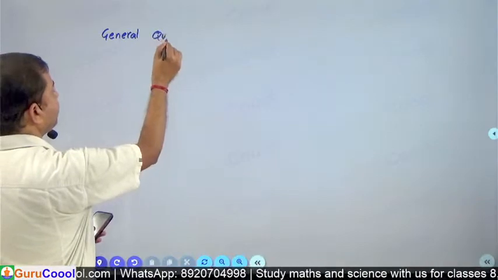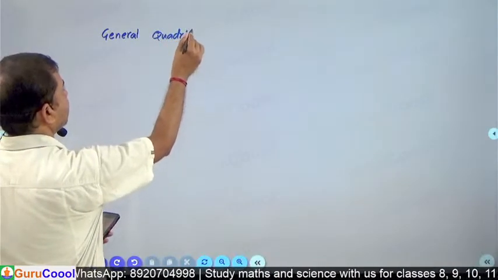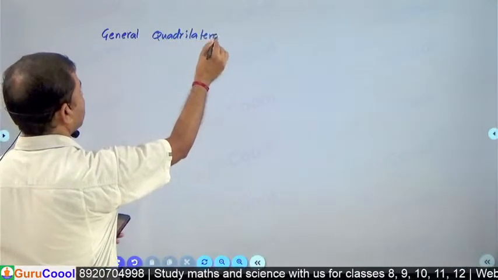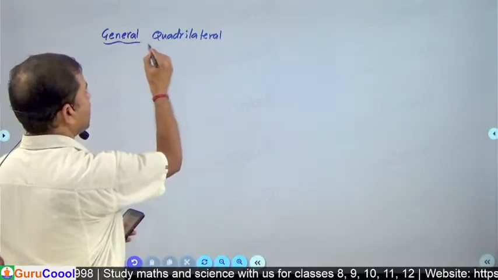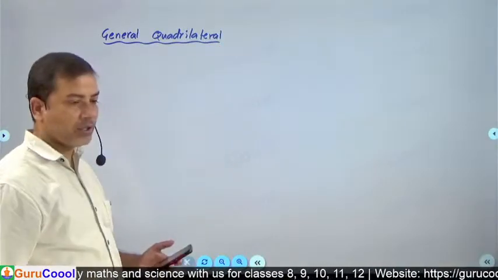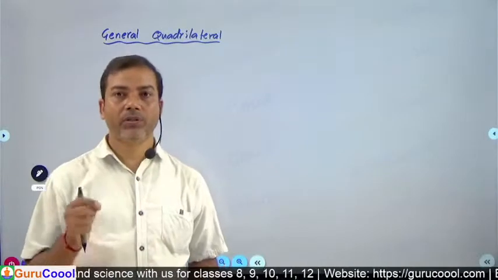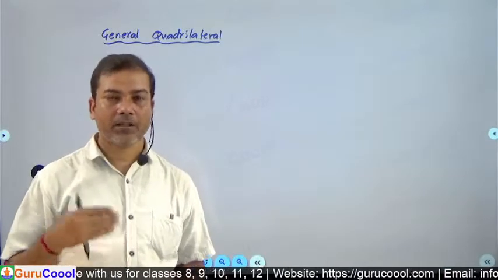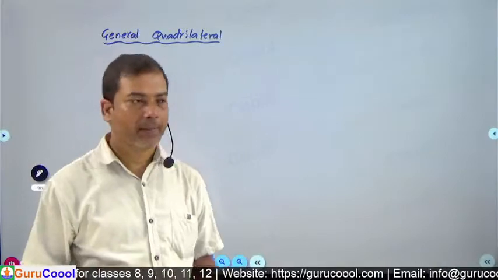General quadrilateral. If you want to construct a general quadrilateral, construct means you will have to use geometrical tools like compass, ruler, these things.